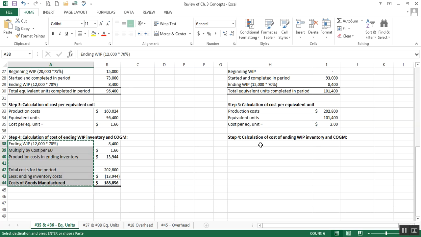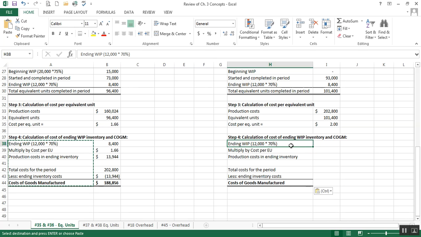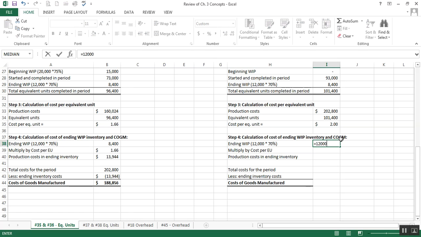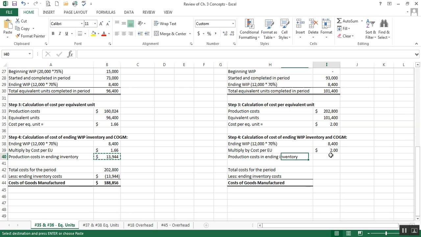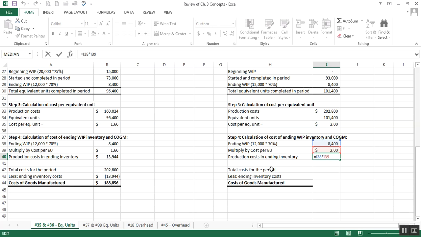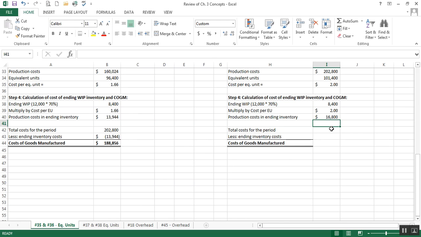And now we're going to do the same process to calculate the cost of ending work in process inventory and cost of goods sold. So going back, our ending inventory is going to be the same, the 12,000 units times 70% is 8,400. Our cost per unit is $2. Therefore, our production cost in ending inventory is 8,400 times $2, which is 16,800.